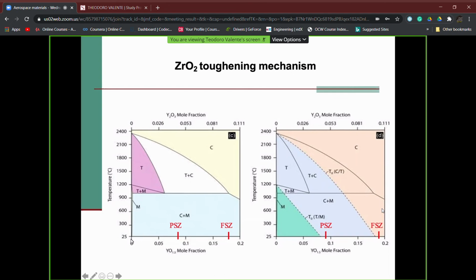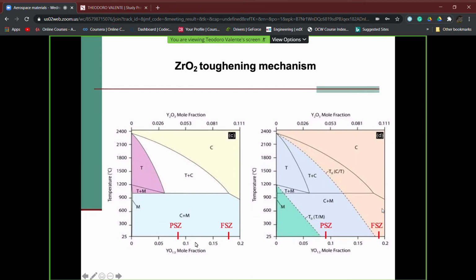For example, here we have zirconia, 100% zirconia, and on this axis you see, in this case, the mole fraction is reported, not the weight, but the equivalence is very, very simple. An increasing amount of yttrium oxide, which is put as doping element, as doping compounds inside the zirconia.